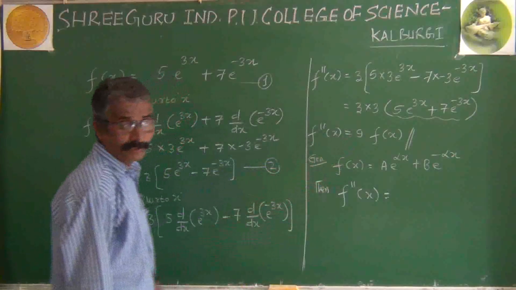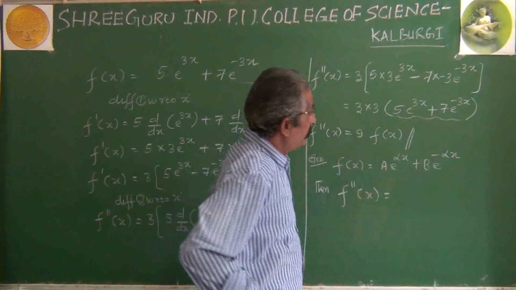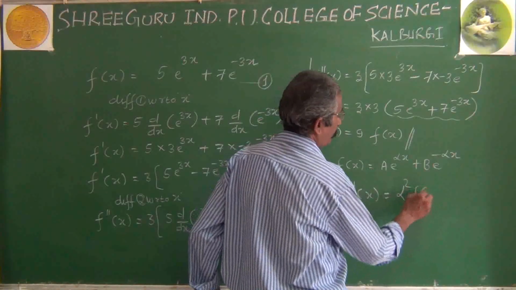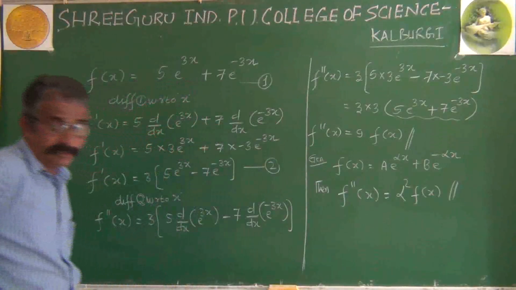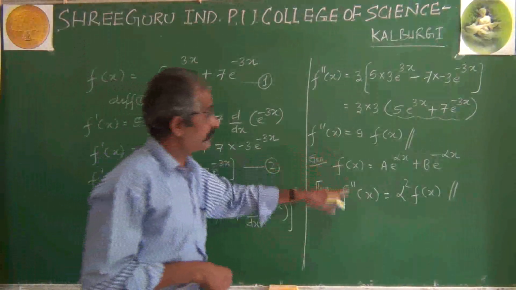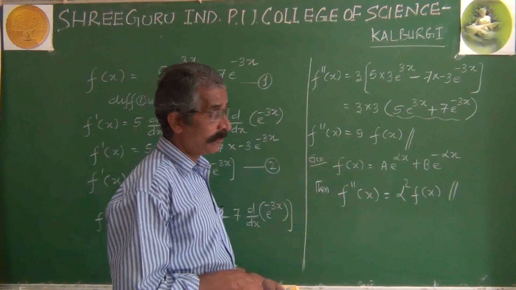What is 9? 3 square. Here in place of 3 we have alpha, so naturally it becomes alpha square into f of x. So as far as the KCET examination is concerned, try to memorize this generalization. In this kind of functions, f double dash x becomes alpha square into f of x.